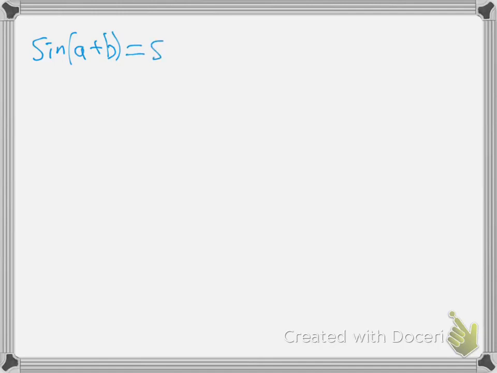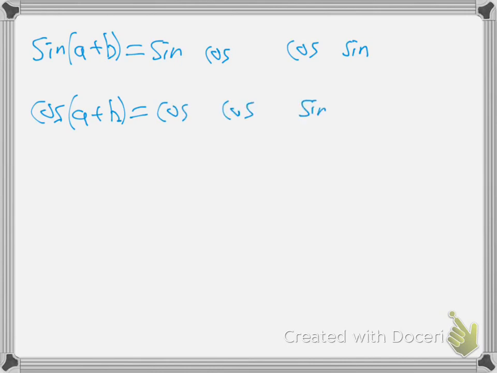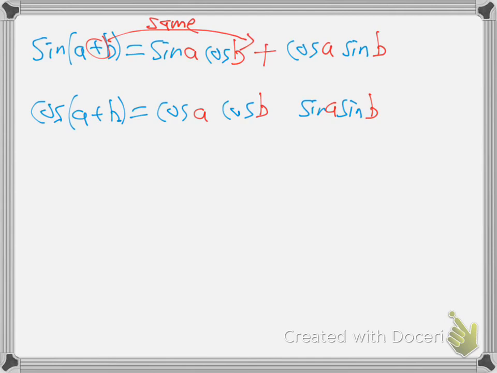These formulas: sine of A plus B is sine, cosine, cosine, sine, and cosine of A plus B is cosine, cosine, sine, sine, and then the angles just go in order, A, B. Whatever sign is in the middle, we do the same for sine, and we do the opposite for cosine, like that.